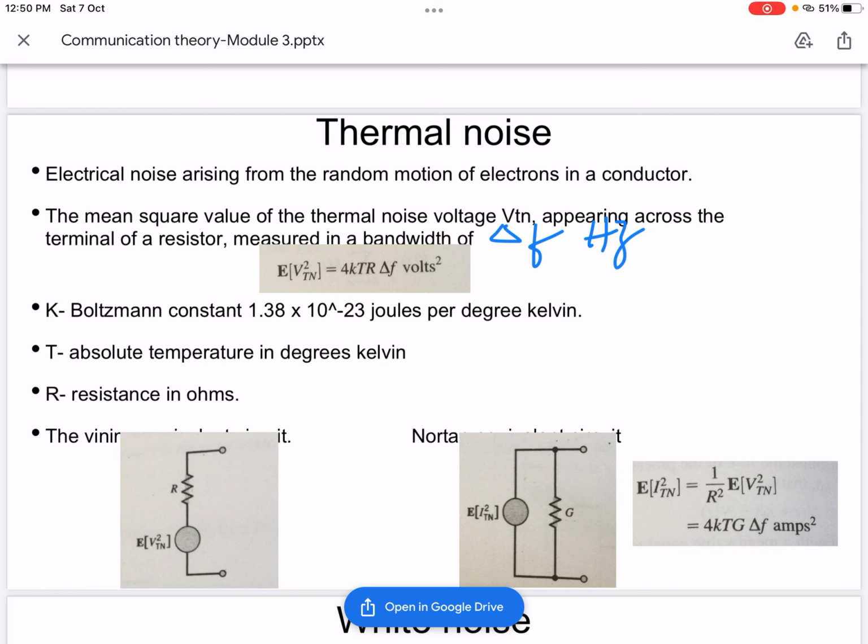Applying the maximum power transfer theorem to the Thevenin's equivalent and Norton equivalent, we find that a noisy resistor produces an available noise power which is equal to kT into delta F watts.